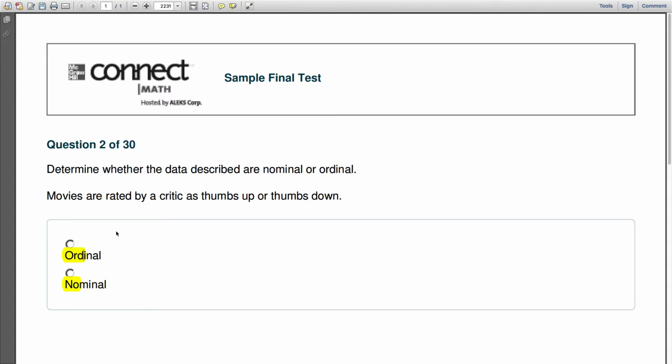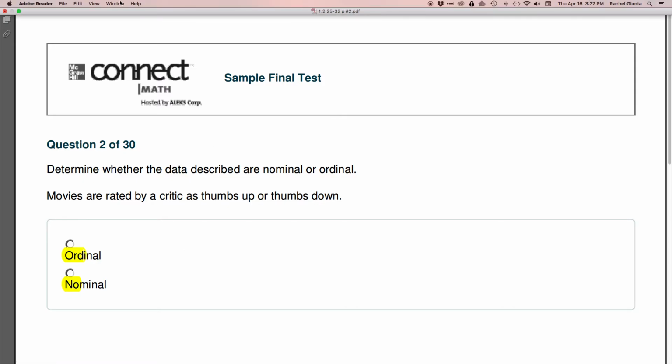And some examples of nominal, with no order, would be things like colors, or pens, pencils, markers, things where there's just no obvious order that they would have to go in.